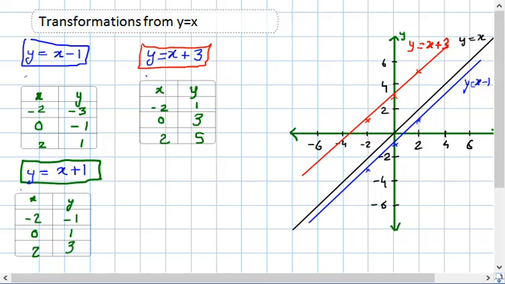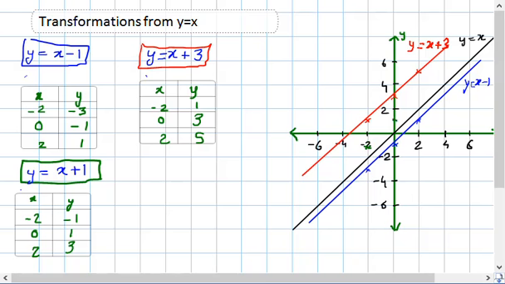And the third is y is equal to x plus 1. So I'll take that in green color. So when x is negative 2, y is negative 1. So that gives us a point here. When x is 0, y is equal to 1.